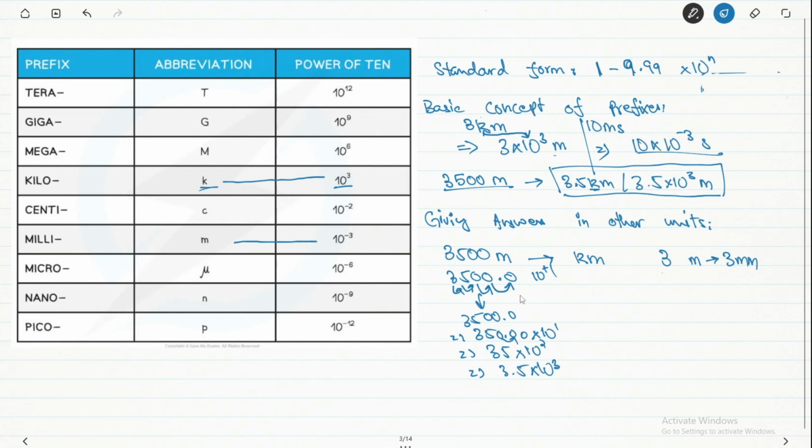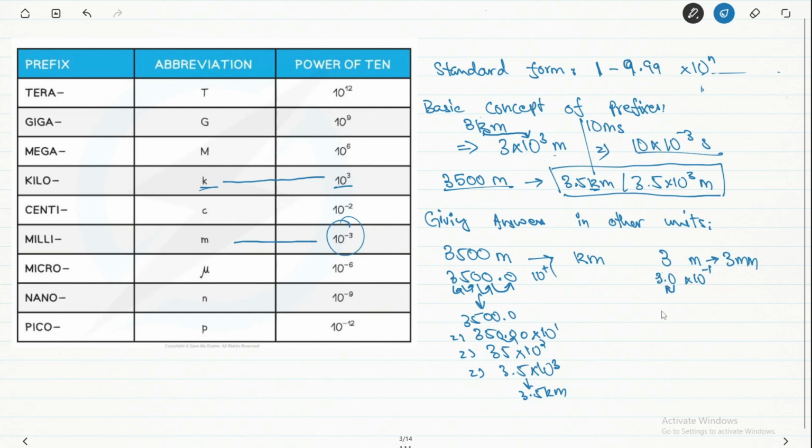Now, what we need to do is have a power of 10 raised to the power of negative 3, right? Because this became 3.5 kilometers this way, we just turn this into a power of the corresponding abbreviation. So let's do this one more time. We will now move this one place to the left, and basically subtract one number from the power of 10.